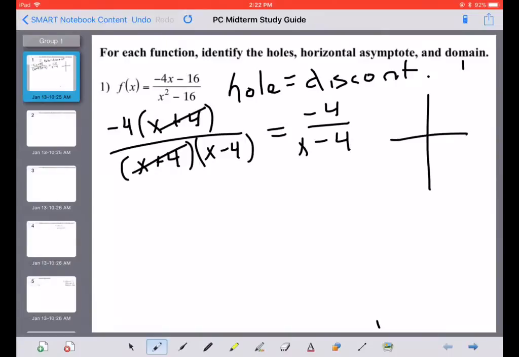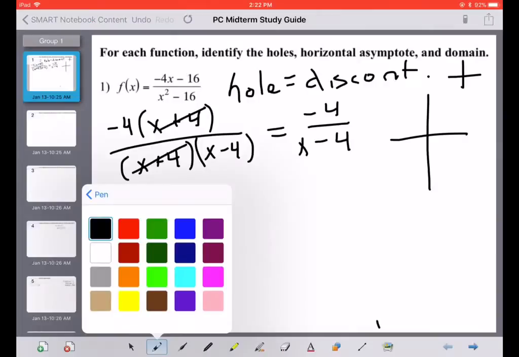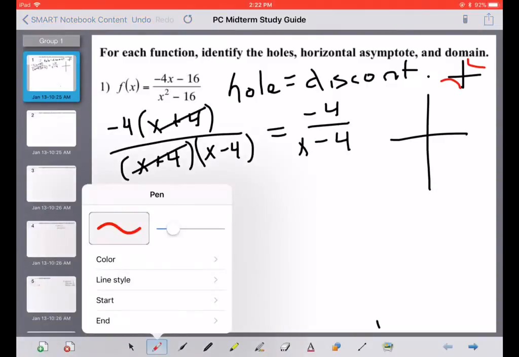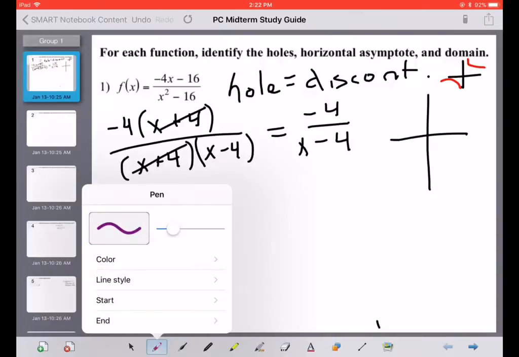Our parent function for rationals will look like that. But we do have some transformations here. Since we do x minus 4, that's going to move it over to the right 4.